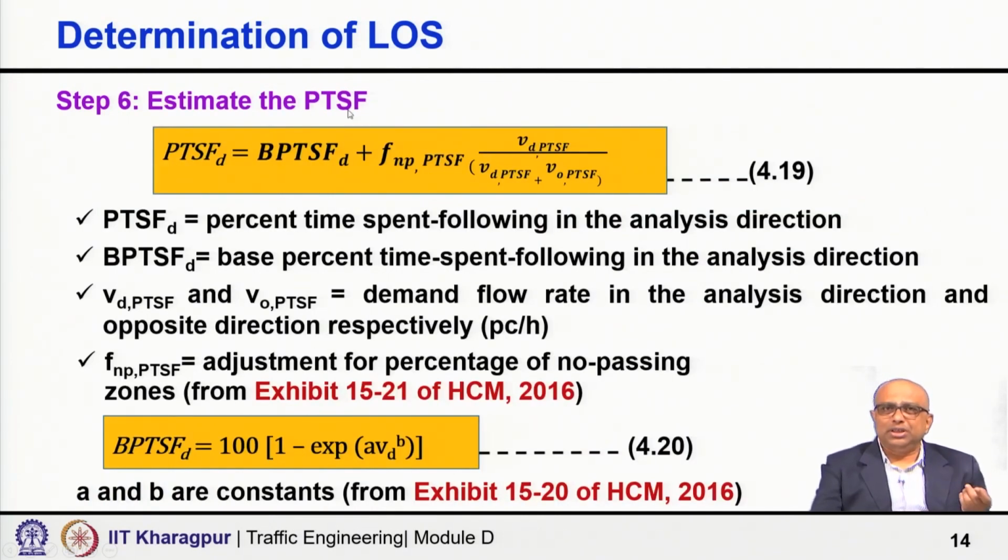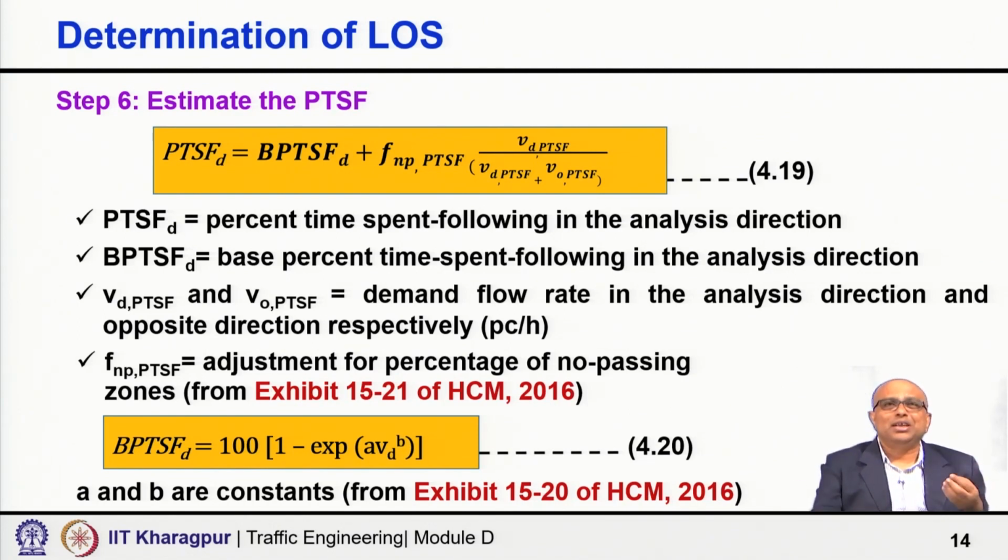Now, estimation of PTSF. We are estimating the percentage of time spent following. It has a base percentage of time spent following, a base value by default, plus there will be an additional percentage of time spent following. How can this additional value be calculated?